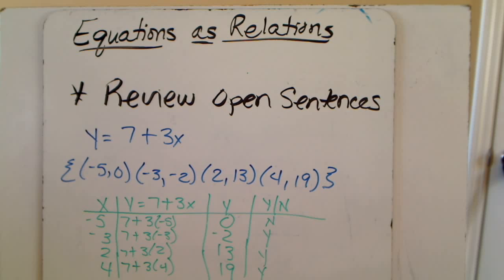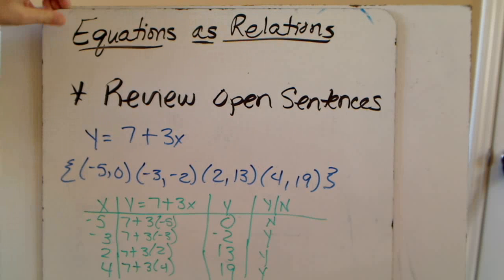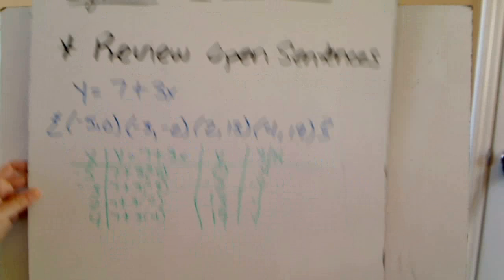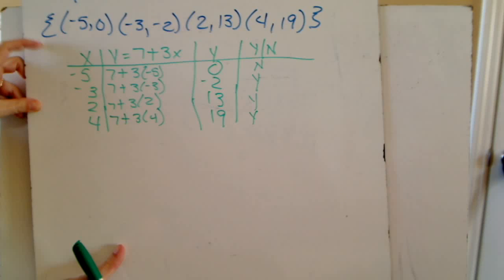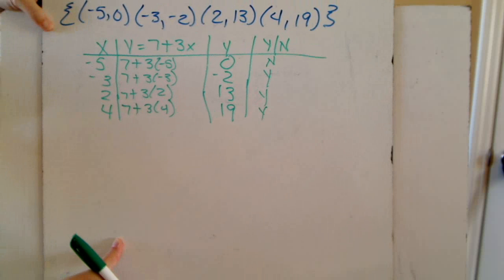And then the way you write your answer is whichever ordered pairs actually worked. So I'm going to see if I can move this up just a little bit and then try and write the answer.